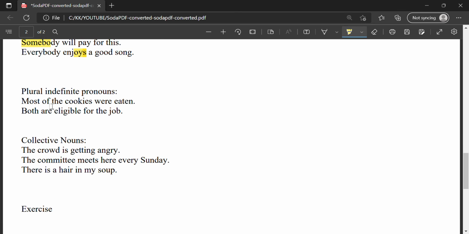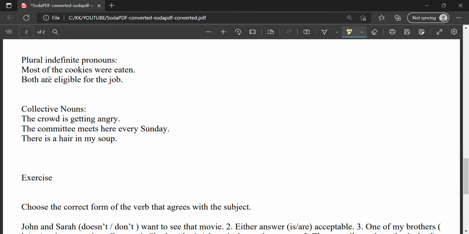And then you have plural indefinite pronouns. So it is indefinite, you have no idea what's happening there. Most of the cookies were eaten. You will be able to get to know whether it is right or not by listening to it.